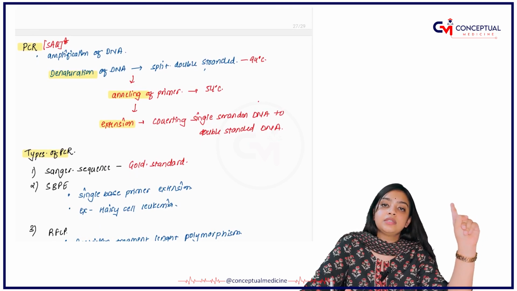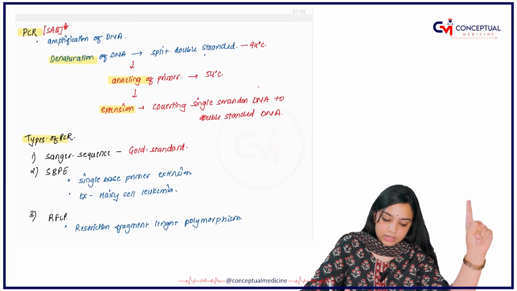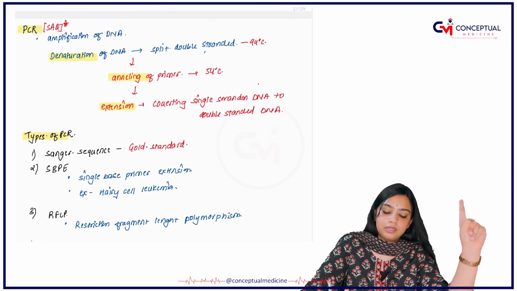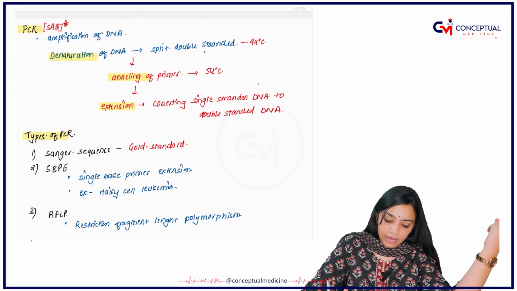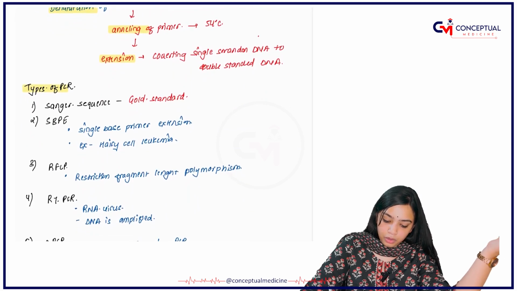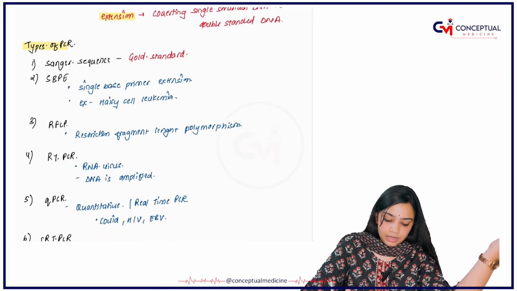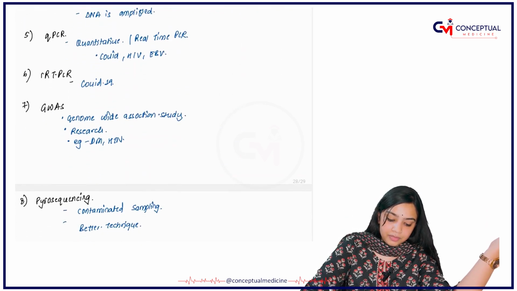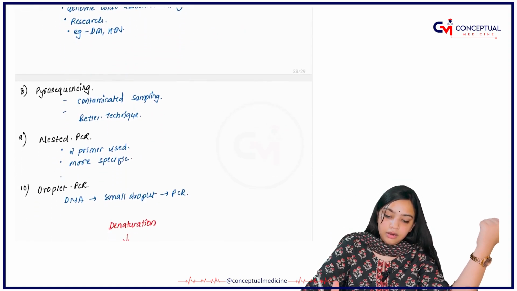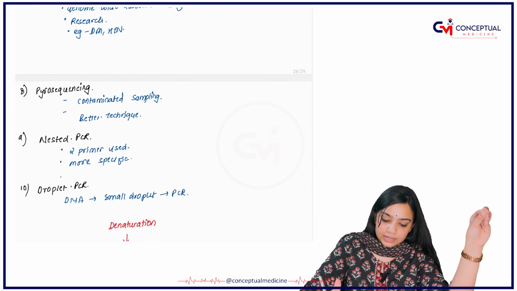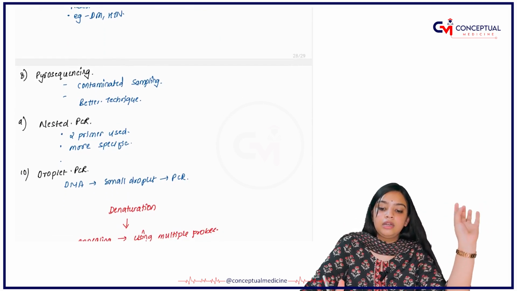First the Sanger sequence, that is the gold standard. Then the SBPE, the single base primer extension. Then restriction fragment length polymorphism, RT-PCR, qPCR, GWAS, pyrosequencing, nested PCR, and droplet PCR.